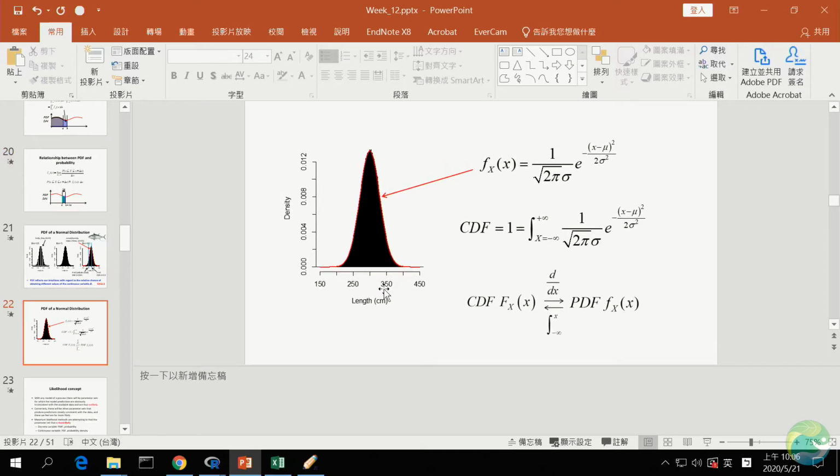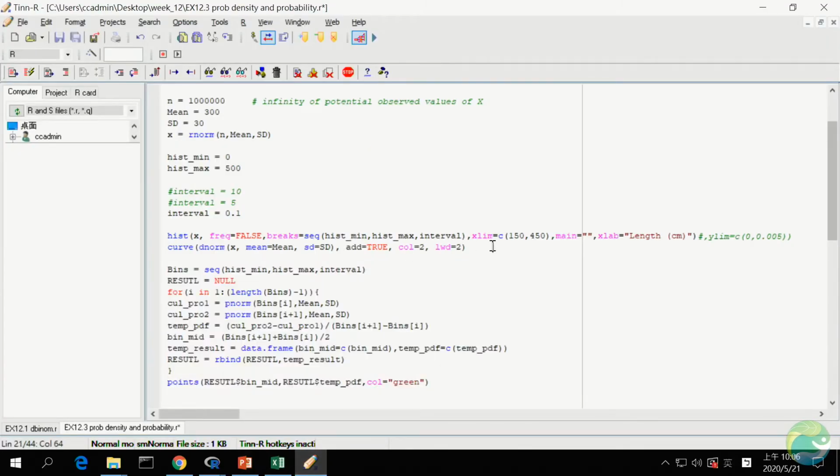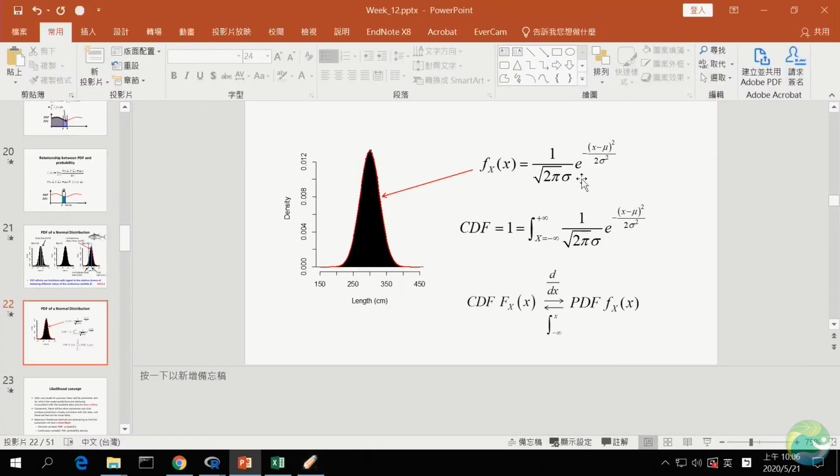So the built-in curve, dnorm, I told you in this example, right? This is done by using this formula. This is the formula for the probability density function of a normal distribution, okay?